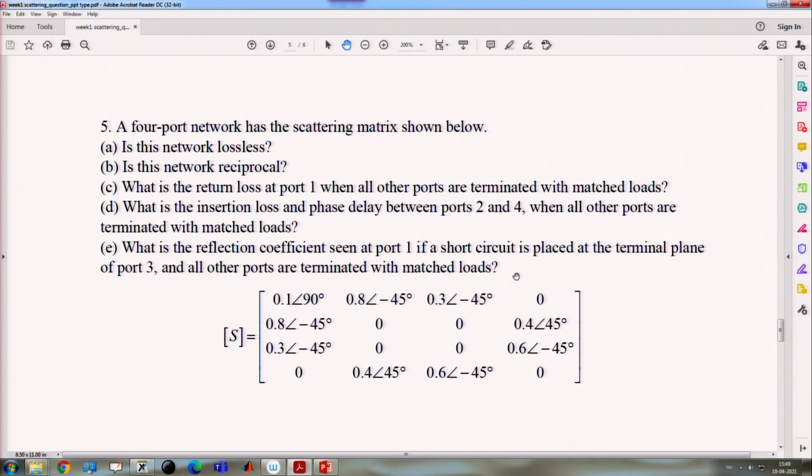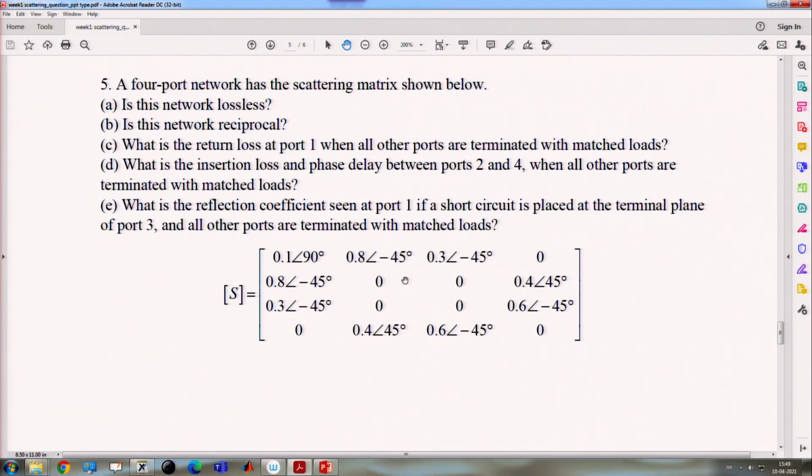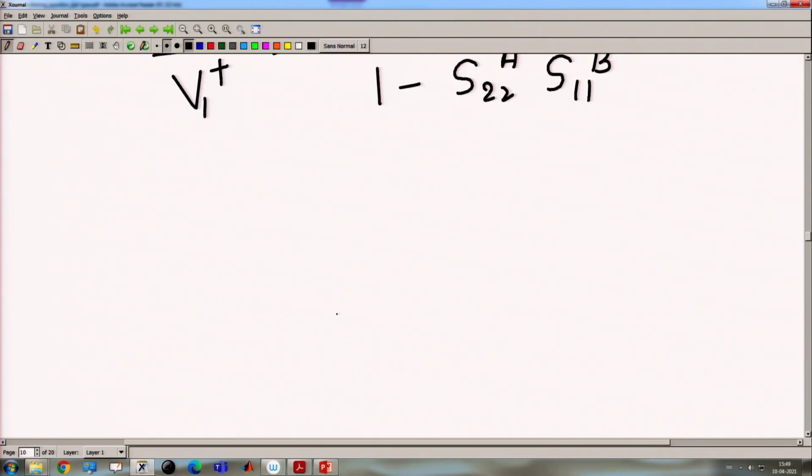So, first, is this network lossless? For lossless, we know it should satisfy the unitary condition. To check that, we add the magnitude squares of S11, S12, S13 and S14, and if the sum equals 1 then it satisfies the unitary condition and it will be lossless.